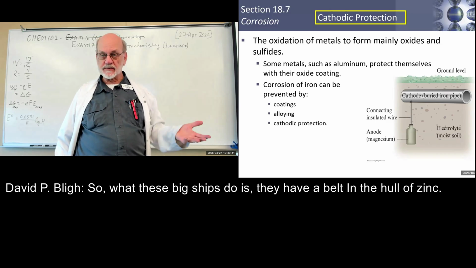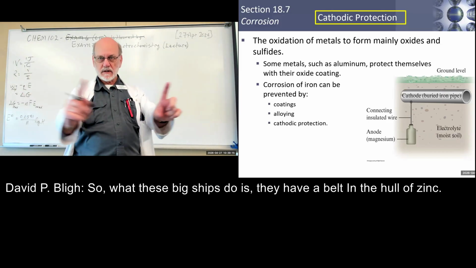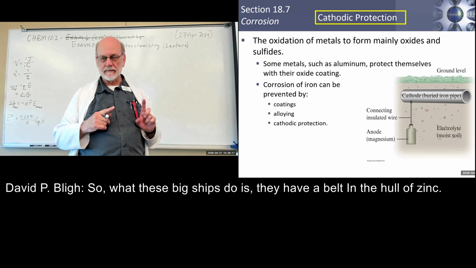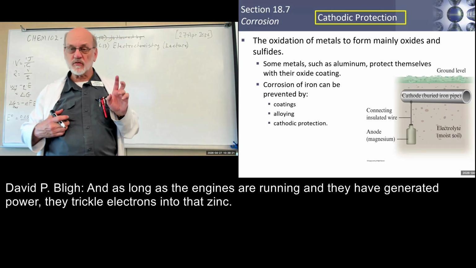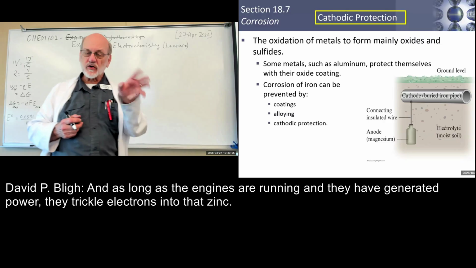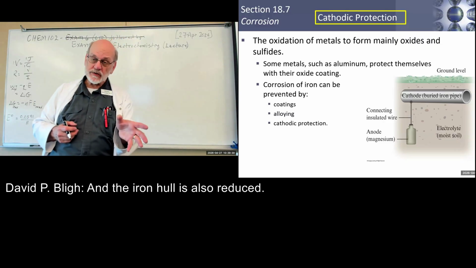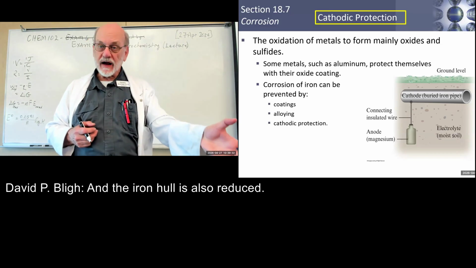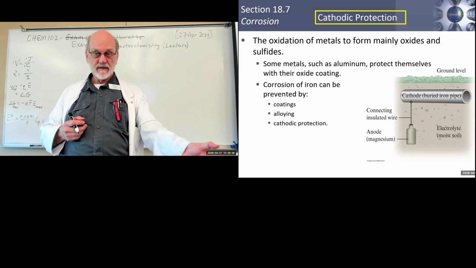So what these big ships do is they have a belt in the hull of zinc. And as long as the engines are running and they have generated power, they trickle electrons into that zinc. And it keeps the zinc reduced, and the iron hull is also reduced, so it doesn't rust.